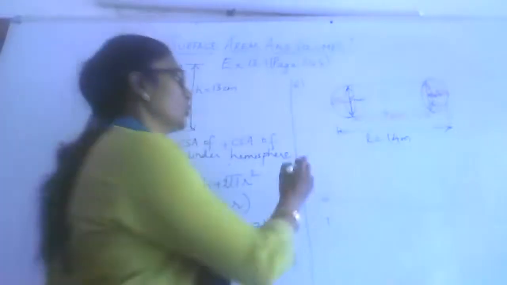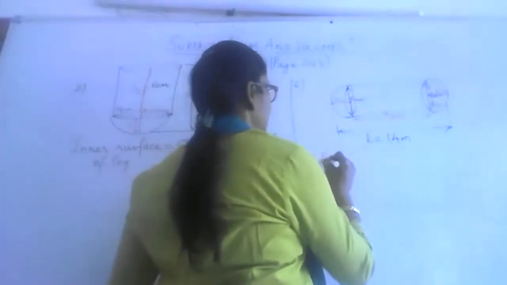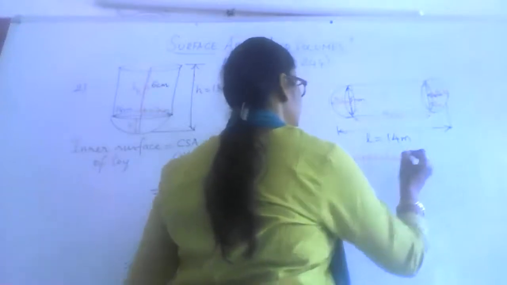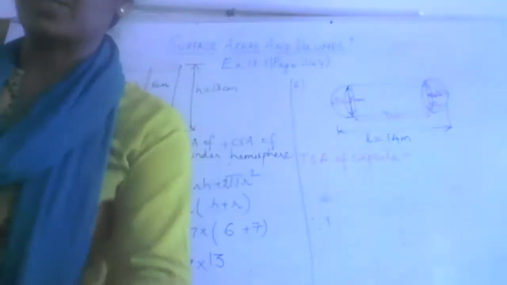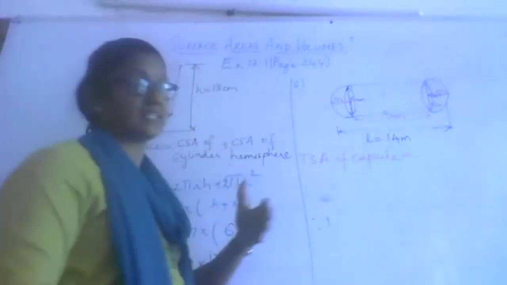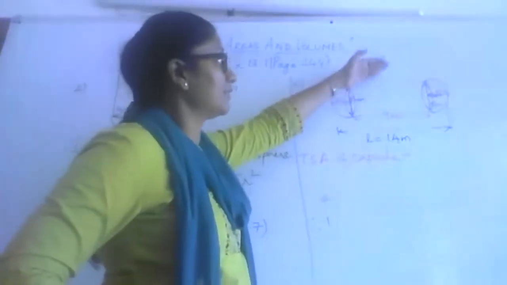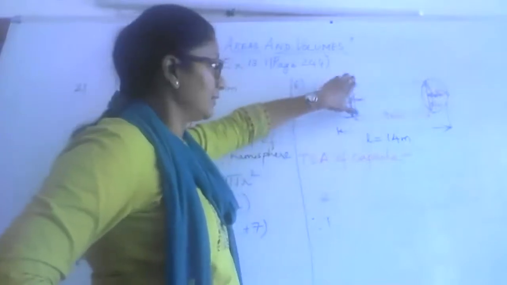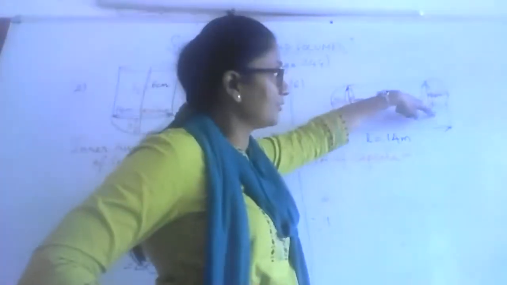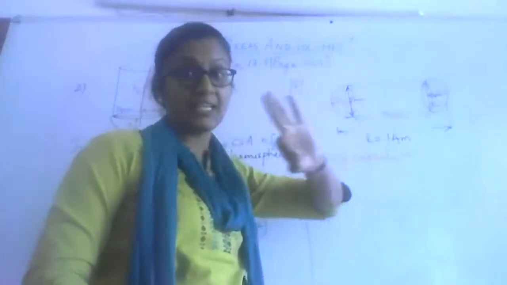Now I want the total surface area of the capsule. So the capsule has 3 surfaces. Can you see that? Which are the 3 surfaces we are talking about? The calculation part you must take care of; I am just showing you what the 3 surfaces are. The curved surface of the cylinder, the curved surface of hemisphere 1 and the curved surface of hemisphere 2. So there are 3 areas.